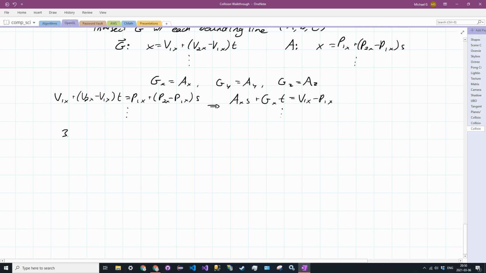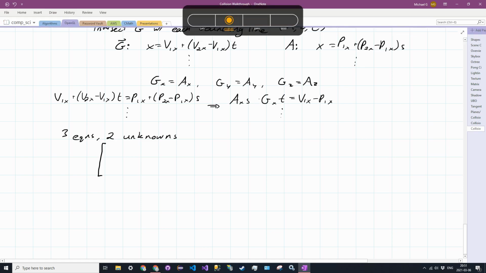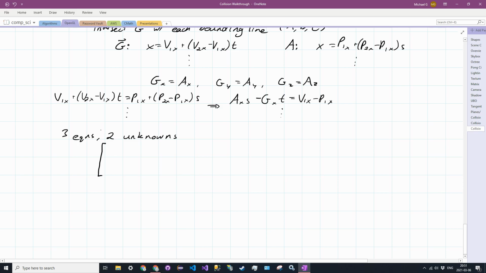Once again, we have three equations, two unknowns. We have our matrix. This should actually be ax s minus gx t. So we look at this: ax, ay, az, and then we have negative gx, negative gy, and negative gz.